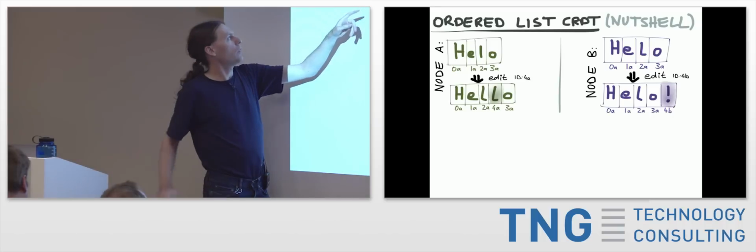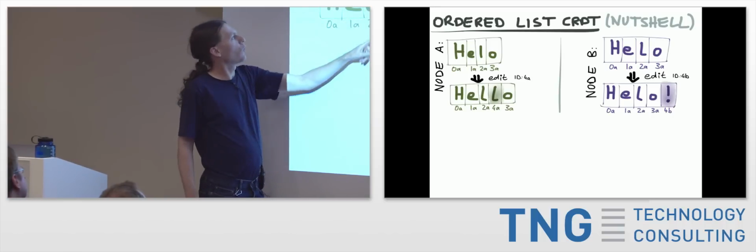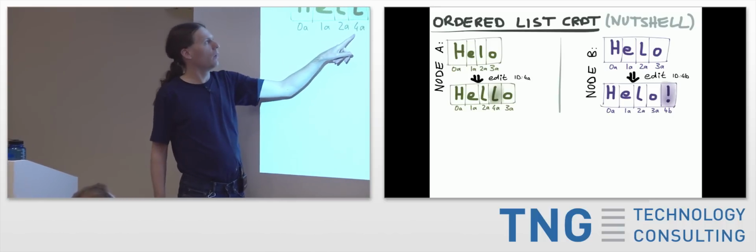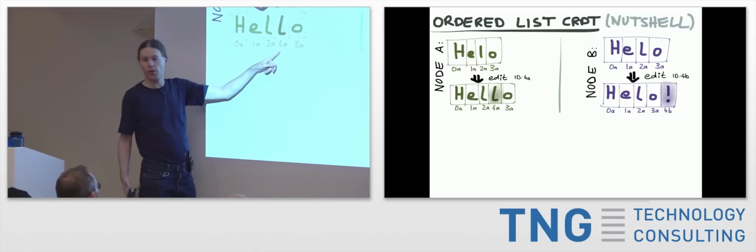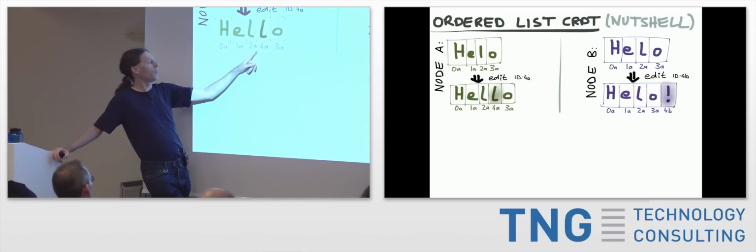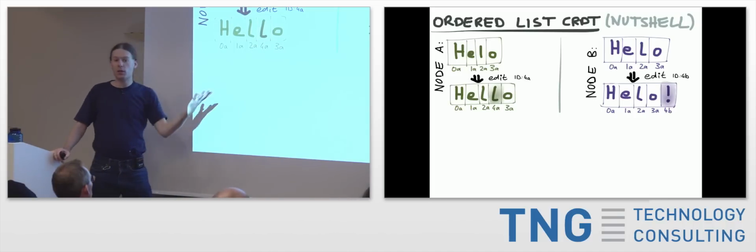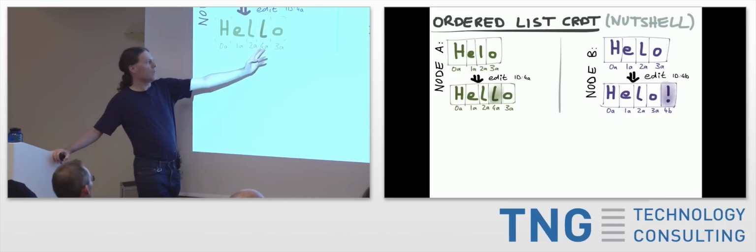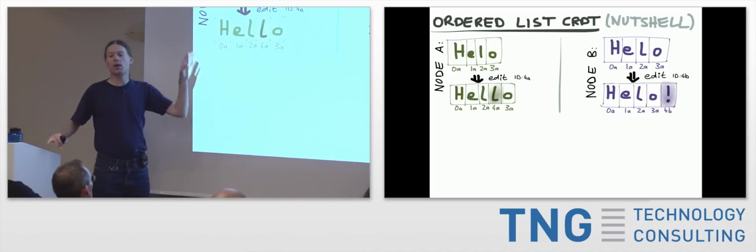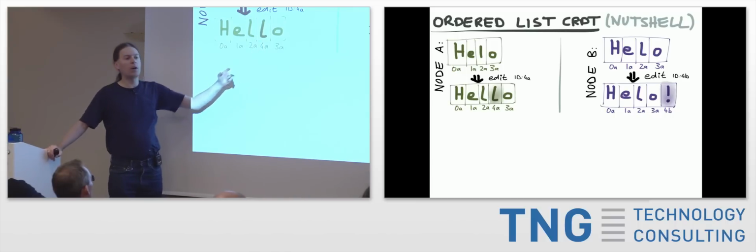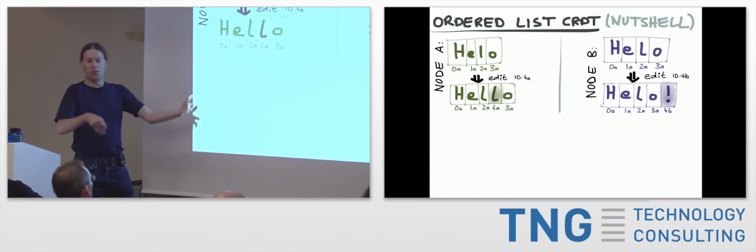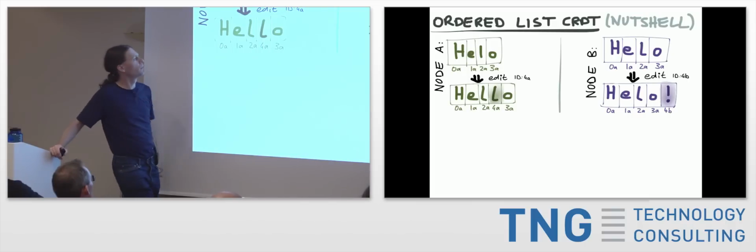So here, the greatest number we have so far is 3. So when we want to insert this letter L here, we will give it a number of 4, because that's 1 greater than the greatest number we have so far. And the letter we attach to it will be A, because that's the name of the node that produced it. And so this 4A here will be a globally unique identifier, because the A uniquely identifies the device, and the number uniquely identifies the operation within the device, because it's always incrementing.